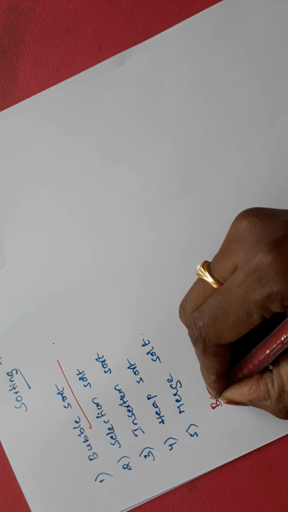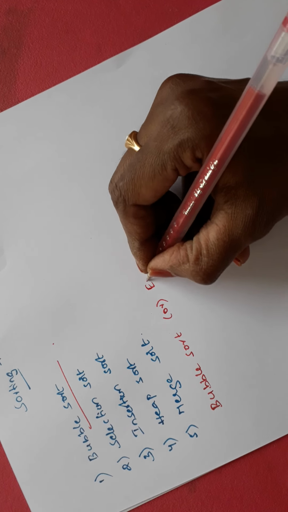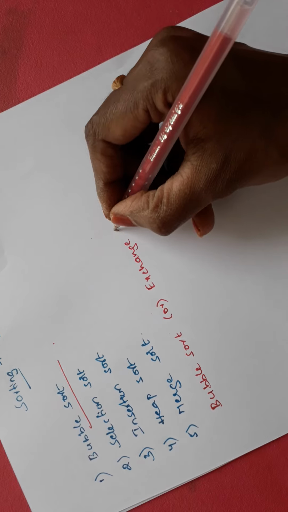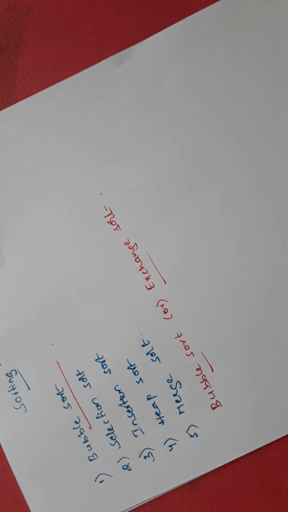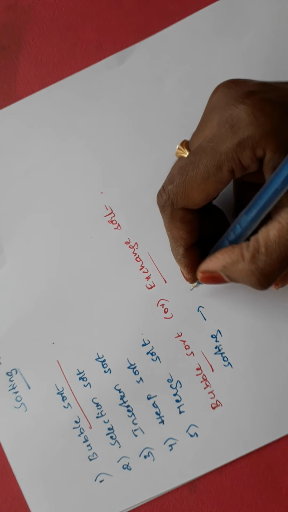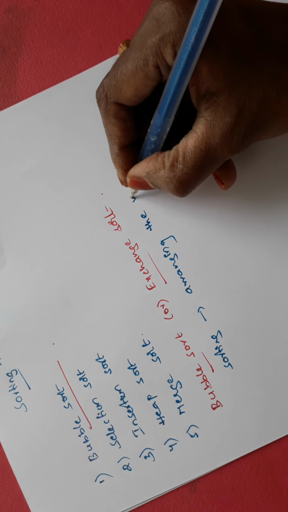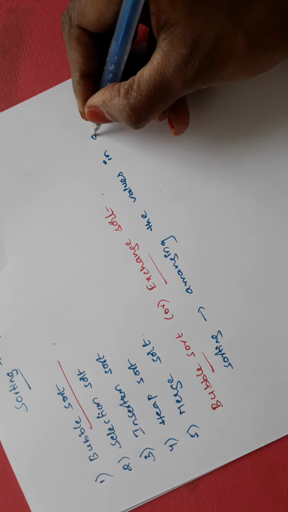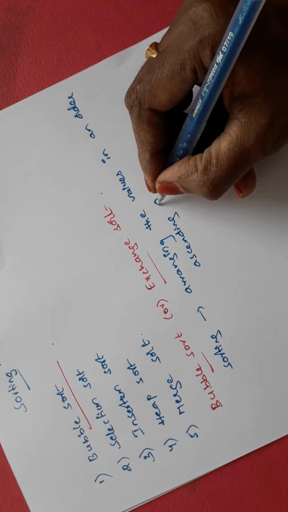Now let us discuss the bubble sort. Bubble sort is also known as exchange sort. Sorting means arranging the values in an order, either ascending order or descending order.